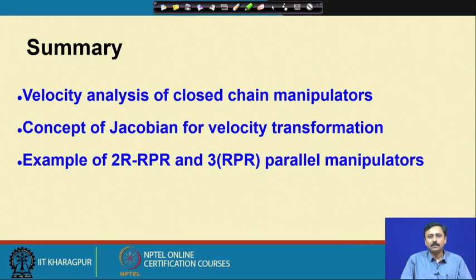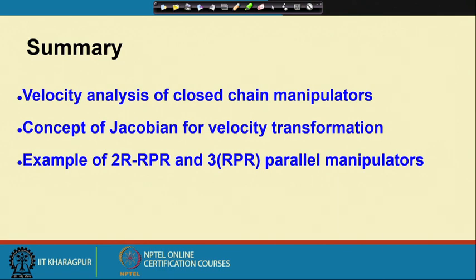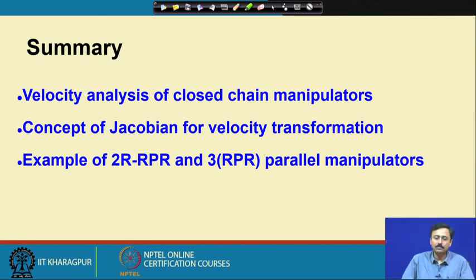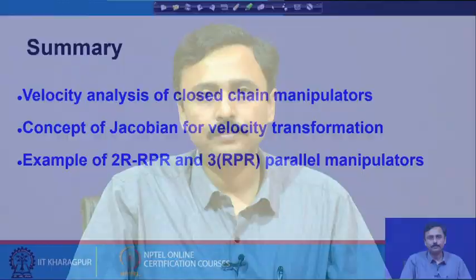So, to summarize what we have discussed in this lecture, we have looked at the closed chain parallel planar manipulators, we have looked at the velocity analysis problem, we have found the Jacobian matrix for these manipulators. I have outlined methods for determining this Jacobian. We have looked at these two examples of 2R RPR and 3 RPR closed chain planar parallel manipulators.